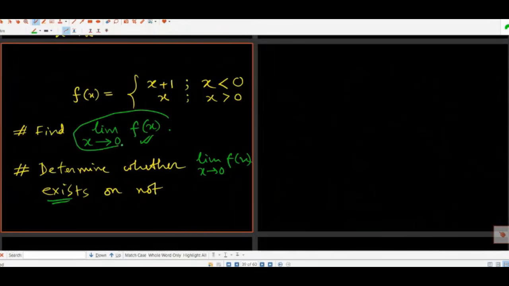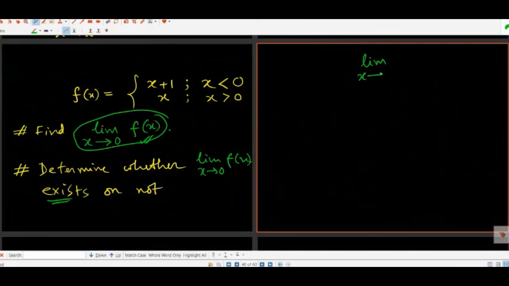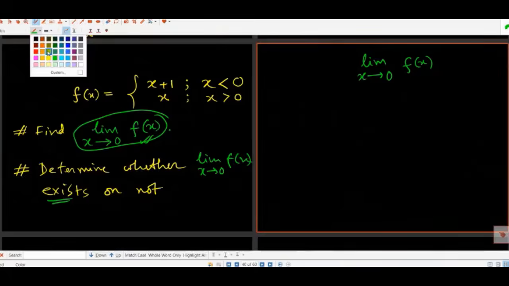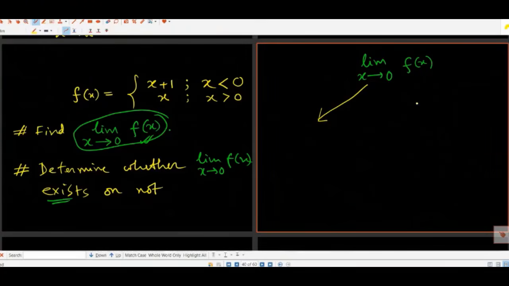Here we are looking for this limit. That means x approaches a, so here x approaches 0, f of x. You know that any limit can be broken into 2 pieces, right?